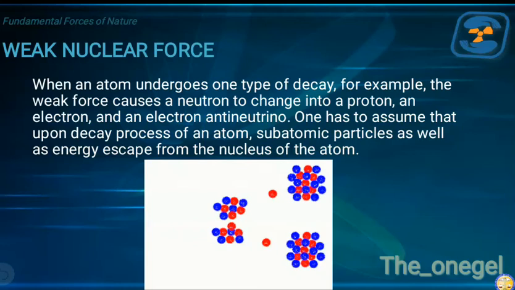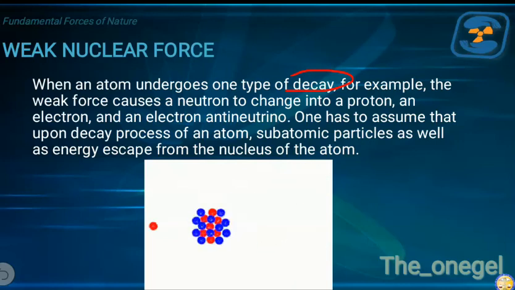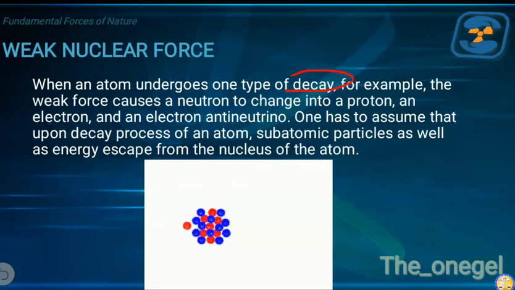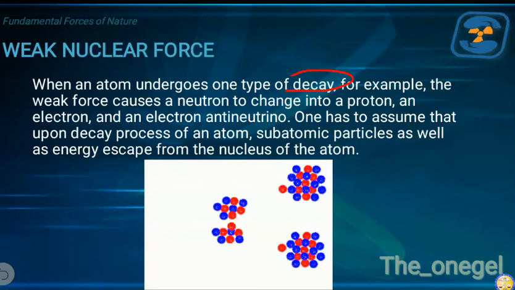So when an atom undergoes radioactive decay, this is for an unstable atom, the weak force causes a neutron to change into a proton, an electron, and an electron antineutrino. One has to assume that upon the decay process of an atom, subatomic particles as well as energy escape from the nucleus of an atom. Although this is not what actually happens inside the atom, this is our example.